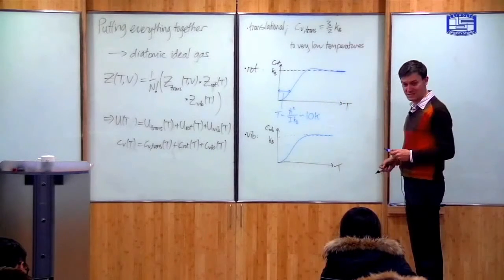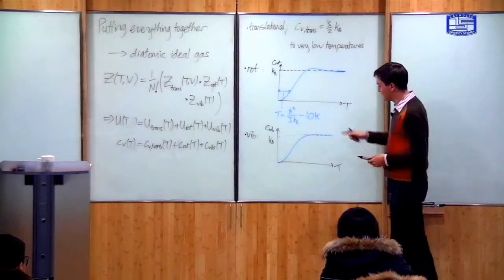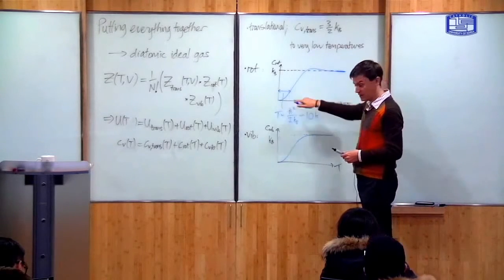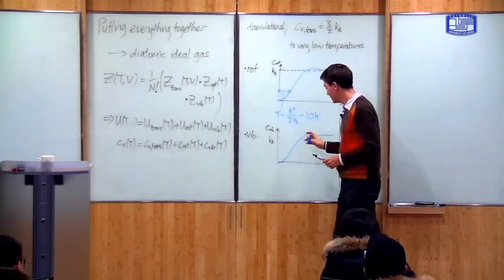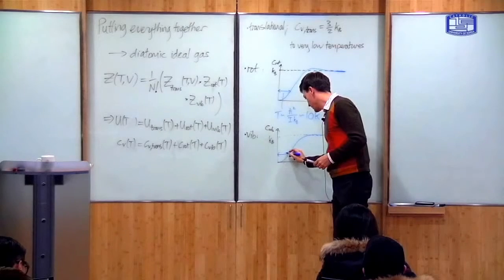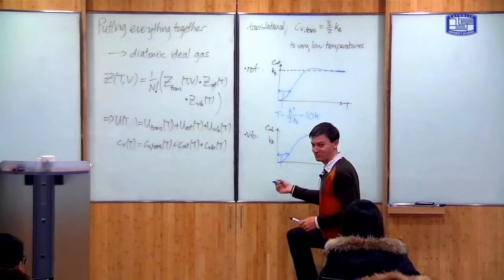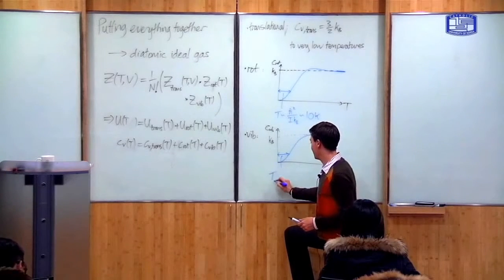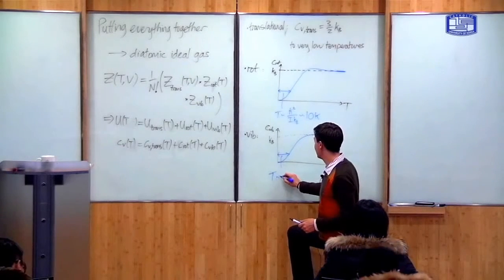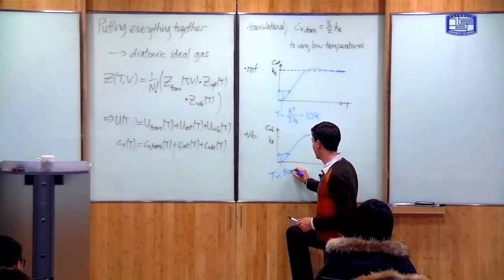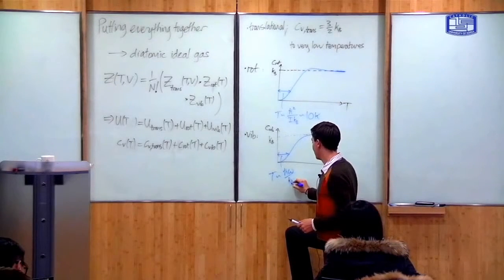But a very significant difference between these two cases is the characteristic width here. In the case of rotation, it's about 10 Kelvin. But for the case of vibration, T is of the order of ħω divided by k_B.